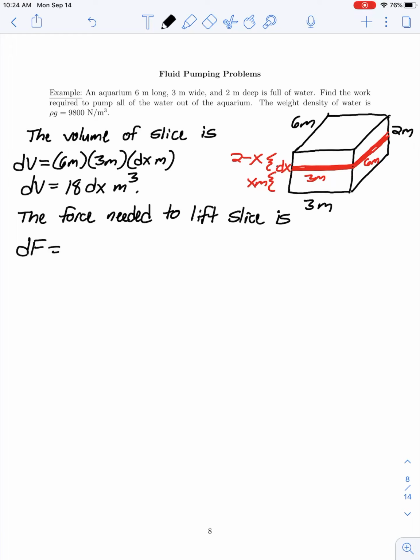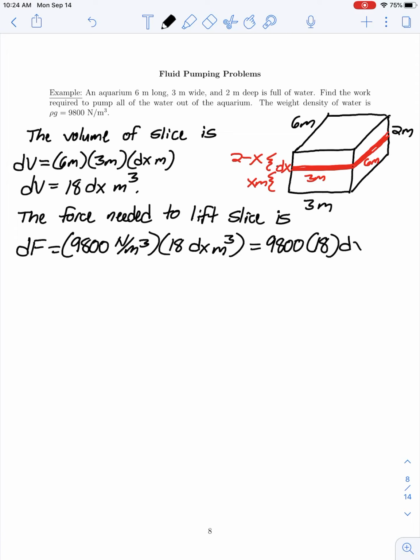And it would be found by taking my weight density of water, which is 9,800 newtons per cubic meter. We were given that in the problem. And then we multiply by its volume, which was 18 dx cubic meters. So we're left with 9,800 times 18, whatever this works out to, dx newtons.